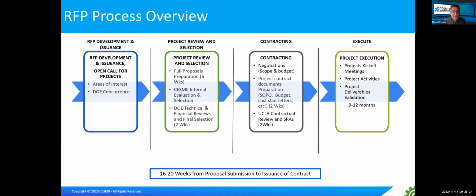But those are more realistic dates based on our history as well. And then the execution: we're hoping that these projects will be completed within 9 to 12 months. Depending on the type of projects, it could even be sooner, perhaps 6 months, but we don't know yet. For now, we're targeting 9 to 12 months for completing these projects.